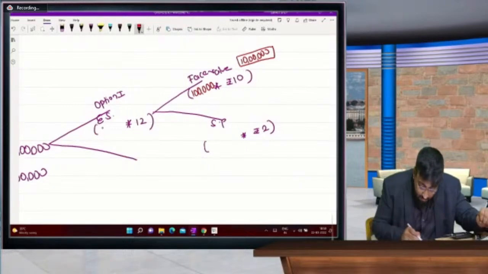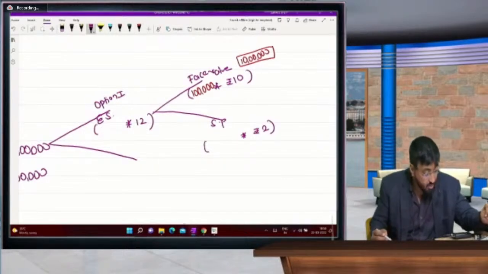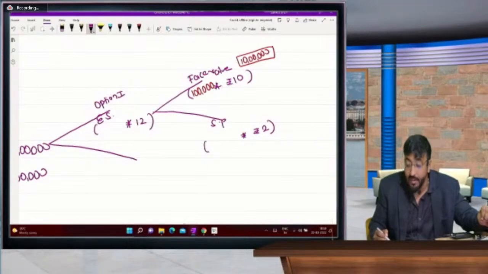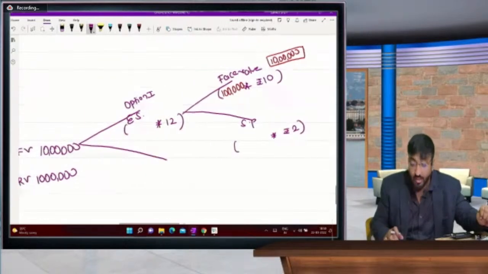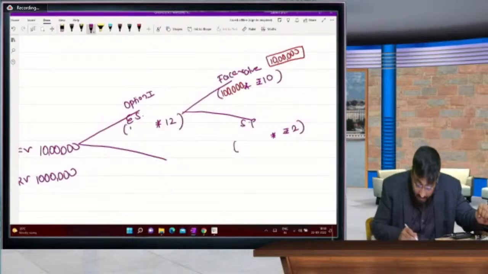Then after that, see beta, for capital structure, you will always decide face value. So 10 lakhs rupees. Whenever you calculate the capital structure, you have to check the face value of 10 lakh, not the issue price of the equity share. Beta, this is the issue price.